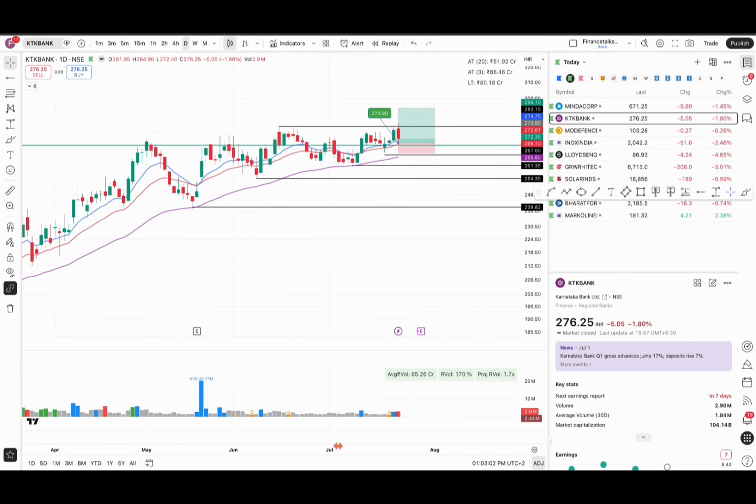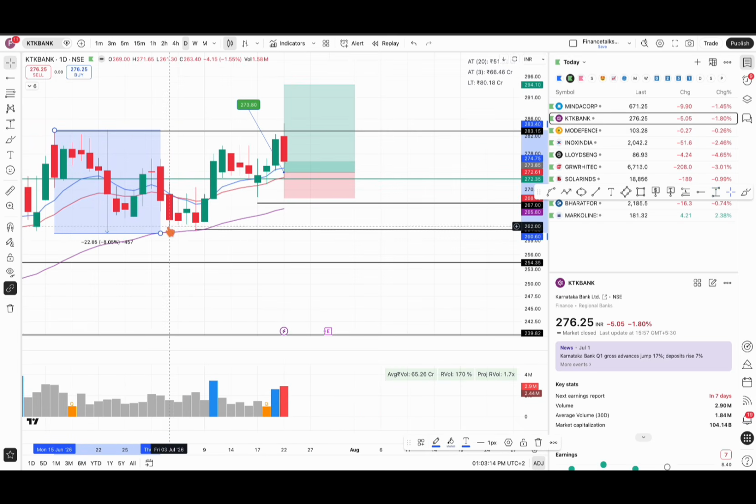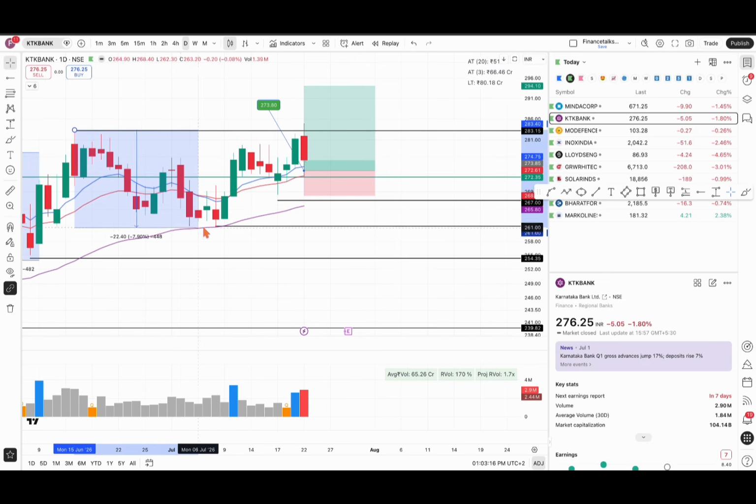So the first base was approximately 13%, the second one 8%, the third one 8%.